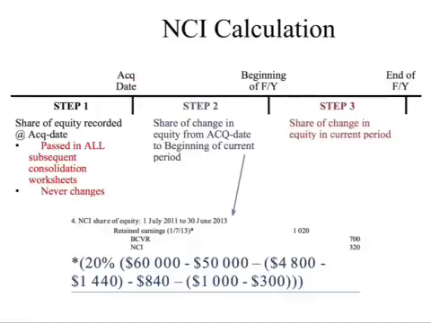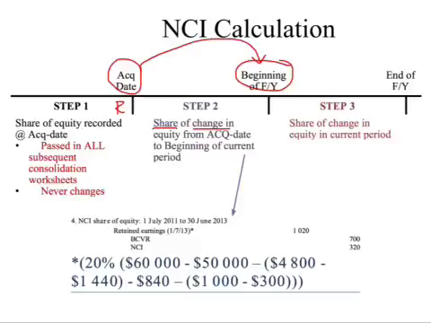The second step in our NCI calculation then covers the period since acquisition date until the beginning of the current financial year end. And in this step, we calculate the NCI share of the change in equity from this acquisition date until the beginning of the current period. So our starting point is first of all to see what happened in retained earnings in this period.